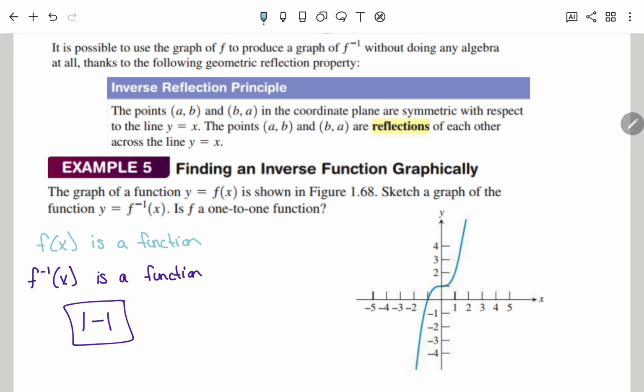What we're going to do is use our original graph, and I'm going to find some of the points. Right here, I know is 0, 1. If I move over, it looks like this is 1, 2.